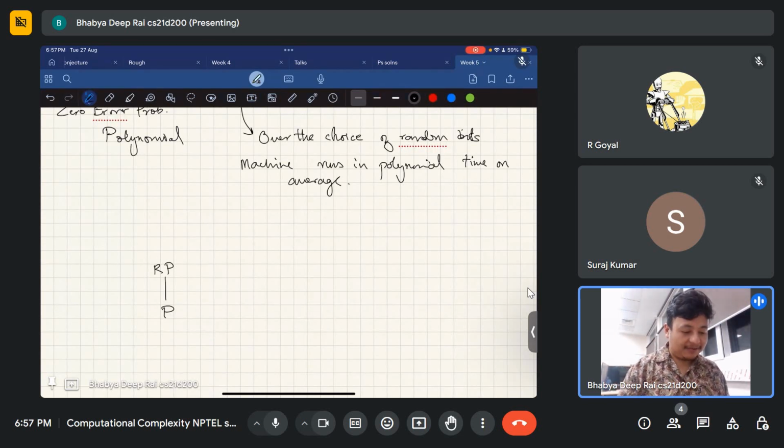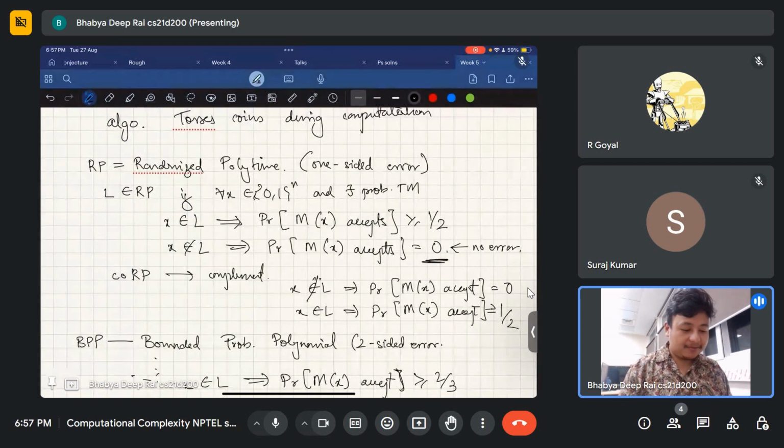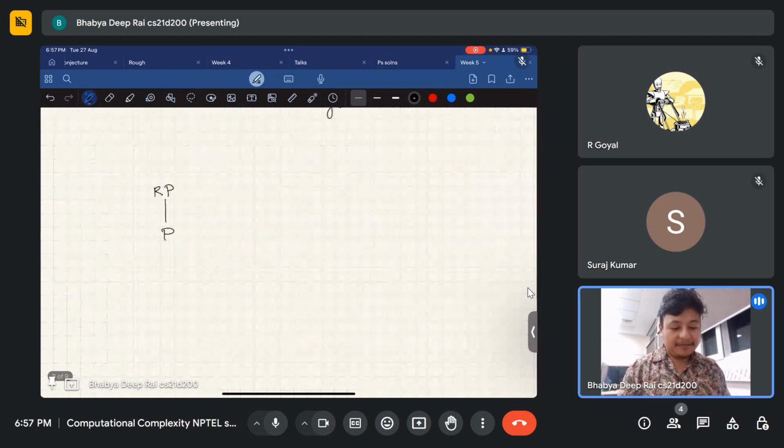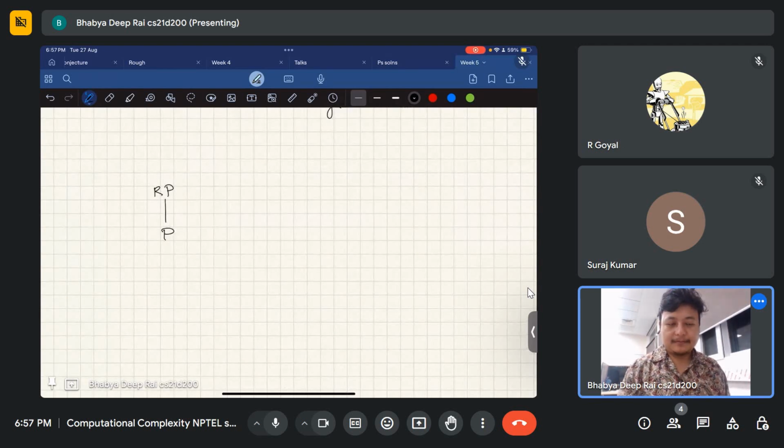Remember, RP is error only on one side. So P qualifies as an RP algorithm because it accepts with a probability 1. And if it does not belong to the language, it will reject it with probability 1 or accept with a probability 0. So P is contained in RP. Clear, right?